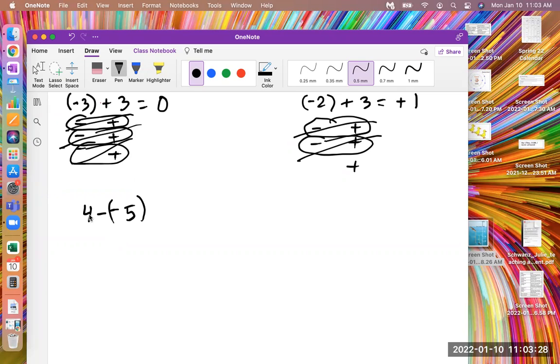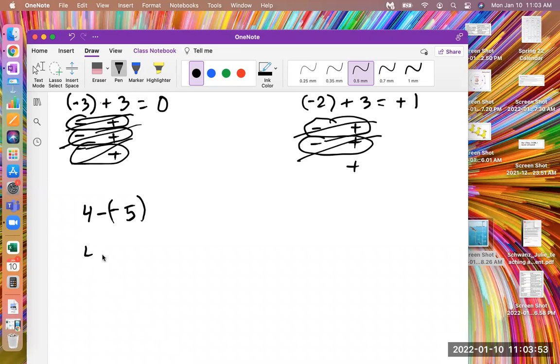So if I have a situation that says 4, opposite, and opposite +5, opposite, opposite. Well, the first opposite said turn around and go down. The second opposite says turn back around and go back up. So it makes sense to me that if I do the opposite of the opposite, I'm back to positive, right? I hope that makes a lot of sense to you guys.